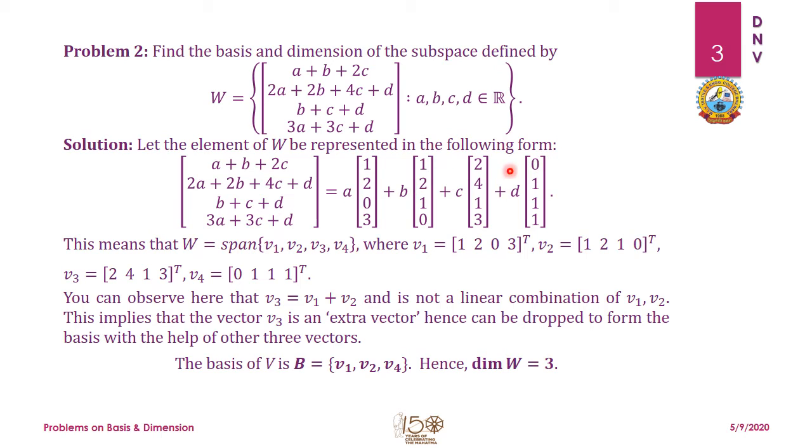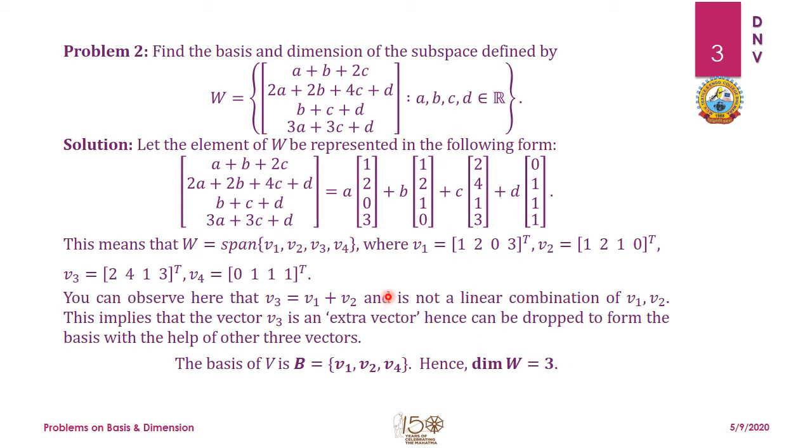So this element cannot be obtained with the help of any of these three vectors. So we can say that v4 is not a linear combination of v1 or v2. So this implies that v3 is extra and hence can be dropped. So the basis becomes B equal to v1, v2, v4, and hence the dimension of this W becomes 3.